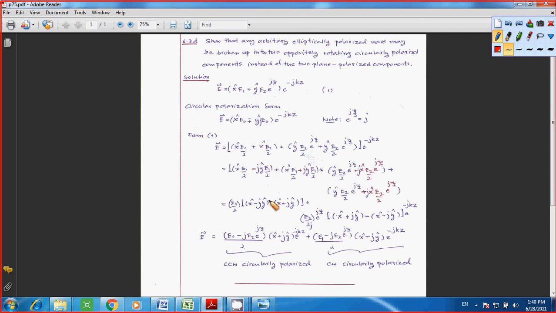And then I want to break this up into oppositely rotating circular polarized components. You do this by following all the steps below. Okay, take a look carefully. What I did is that I add negative jy because I need the unit vector y, right?